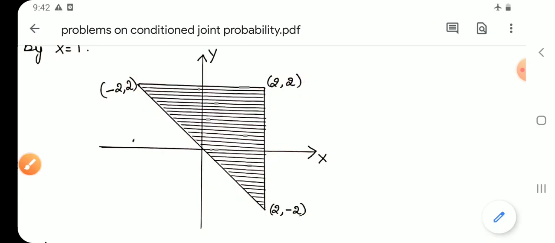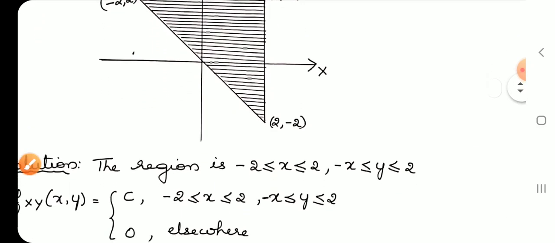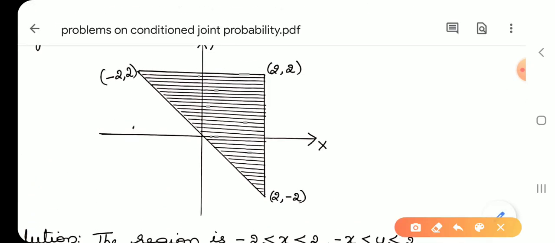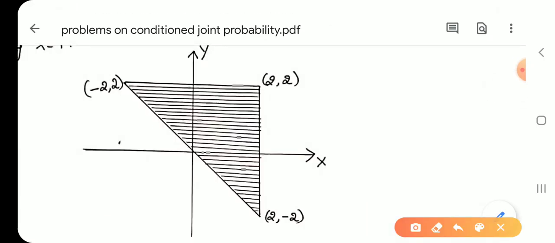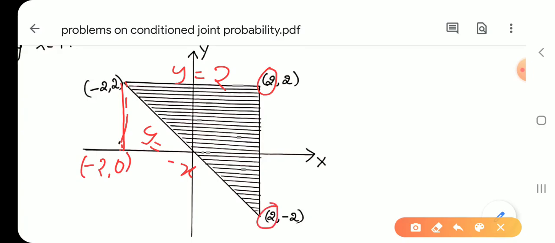If I have to identify the region and write it in the form of a double integral, or identify the limits of it, we can see here: y is equal to minus x, y is equal to 2. Here the extreme points of x are, if I take this line, this point minus 2 comma 0. The extreme on the right side, the extreme value of x, is 2.